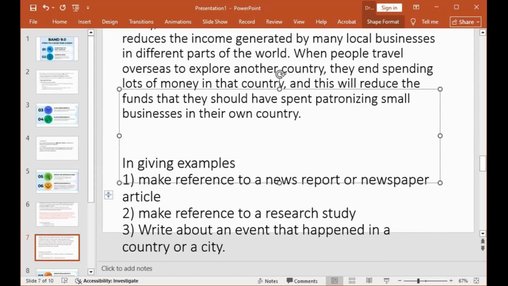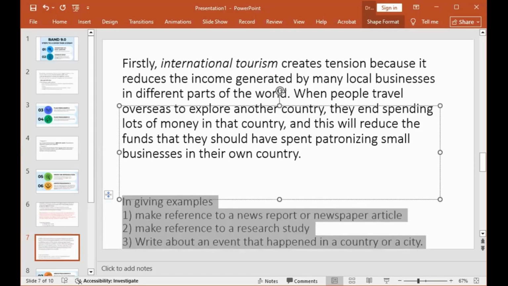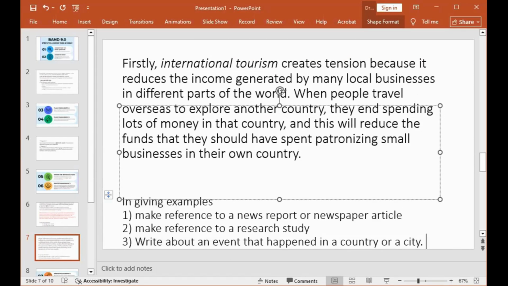Don't write about something that happened to one person. That's not a good example. Writing about something that happened to one person is not a strong example to use to buttress a point in an IELTS essay. If you want to use an example, it must be an example that affected a lot of people.